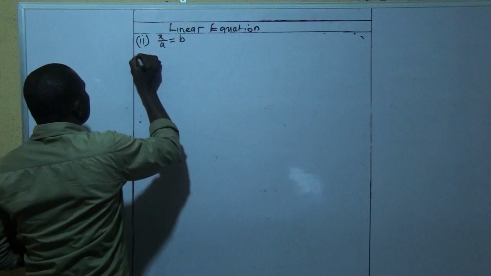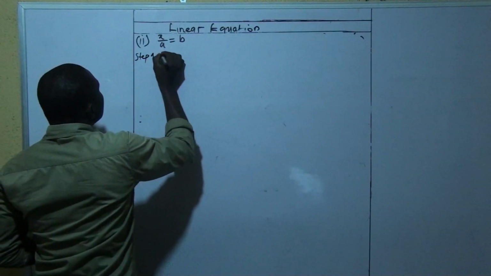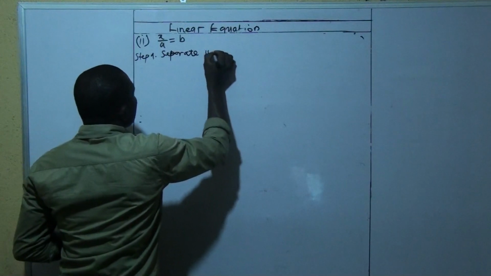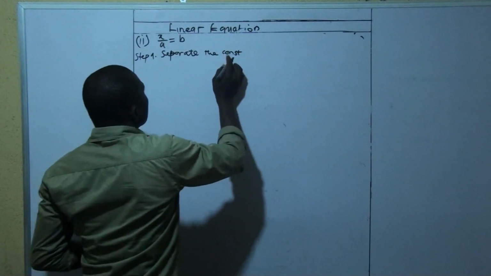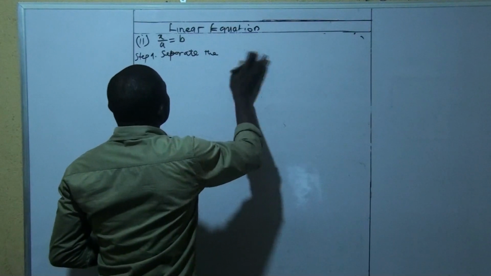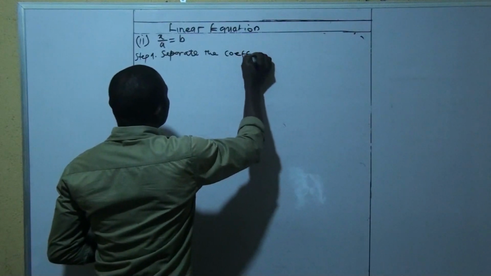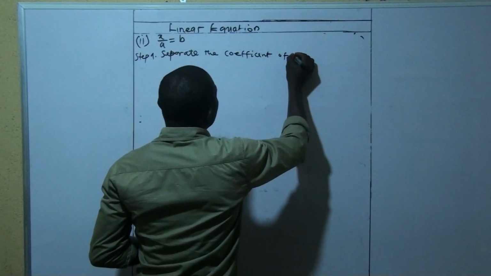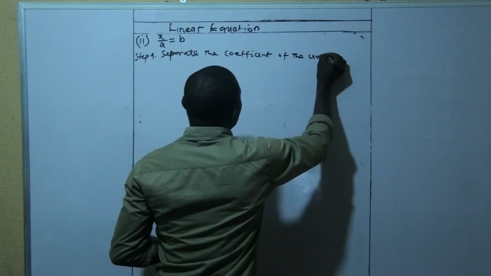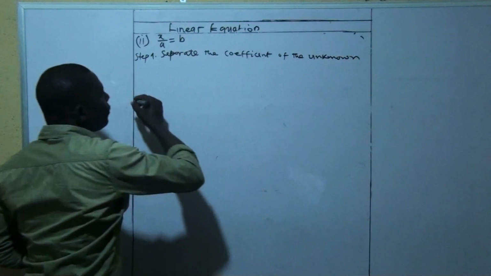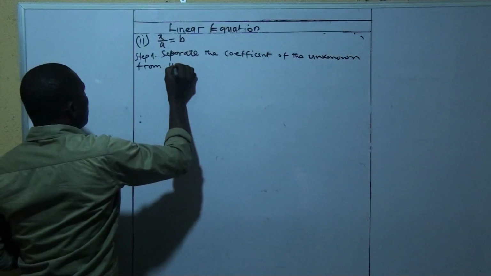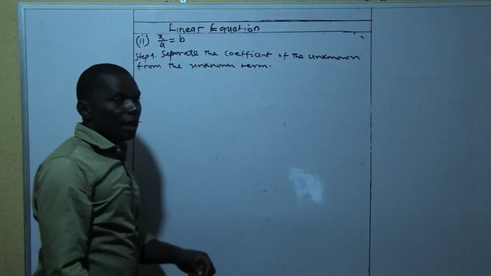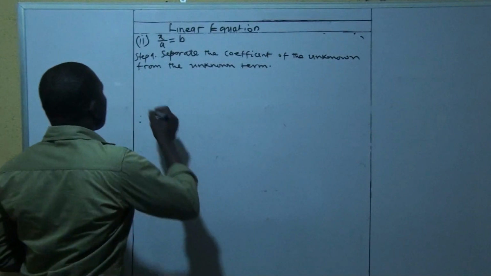The first step, step 1, is to separate the coefficient of the unknown from the unknown term, like the one we just finished. That's the first thing you do.